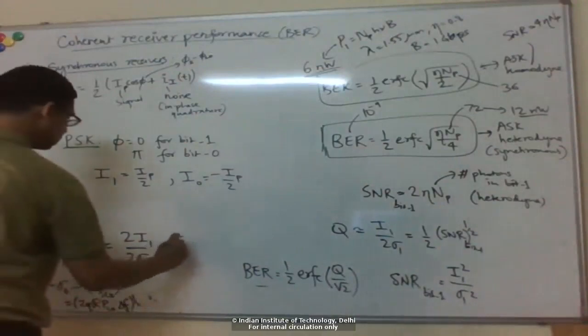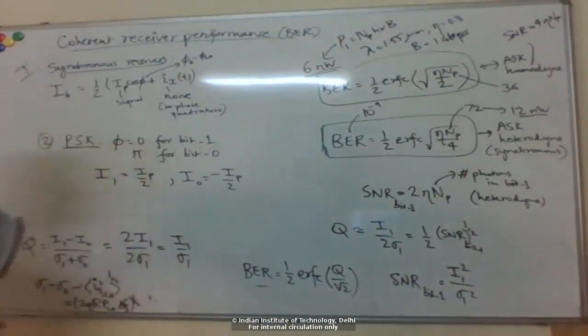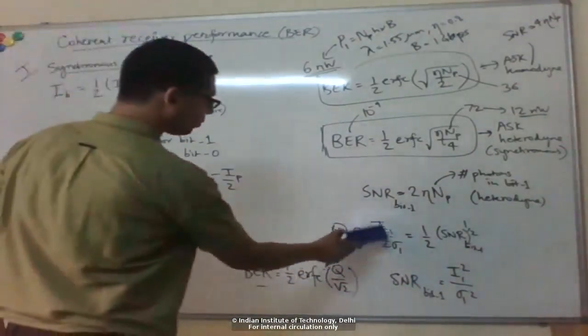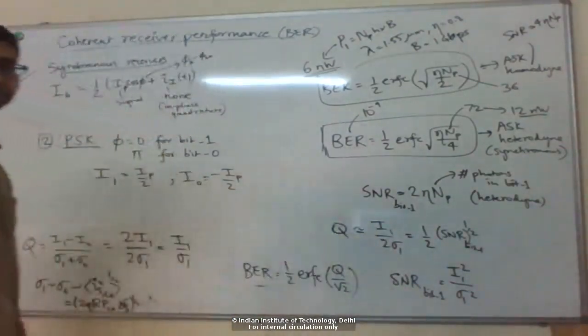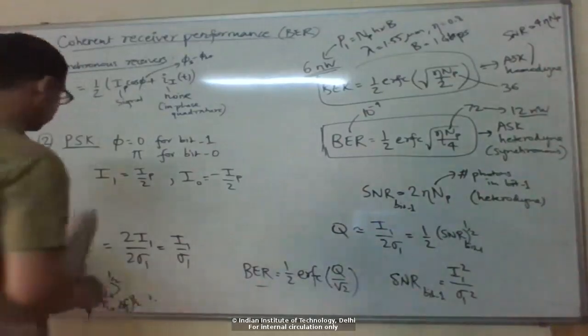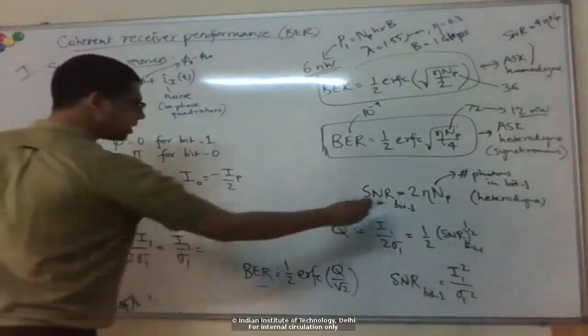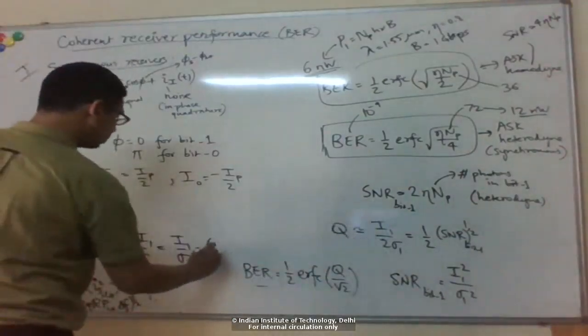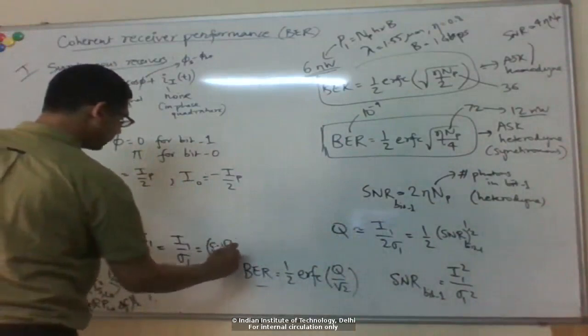So this becomes I1 by sigma 1, as compared to half of I1 by sigma 1 for ASK. So you can see this is basically now the square root of the SNR.